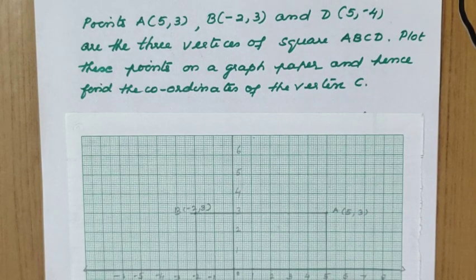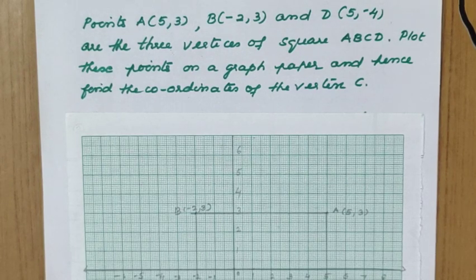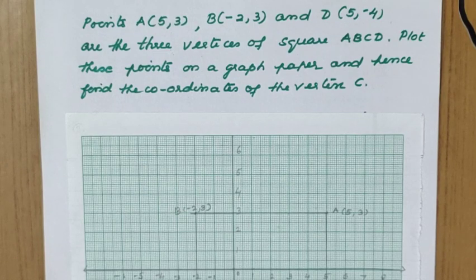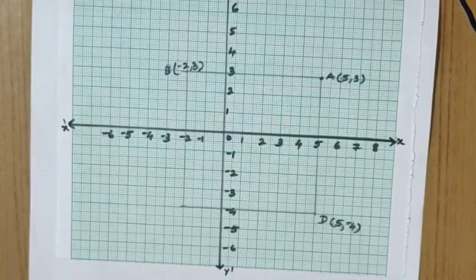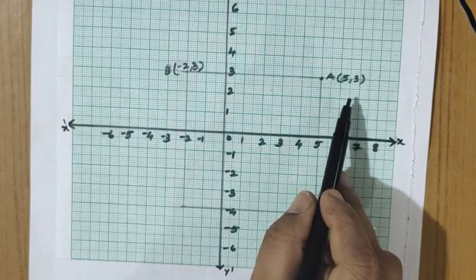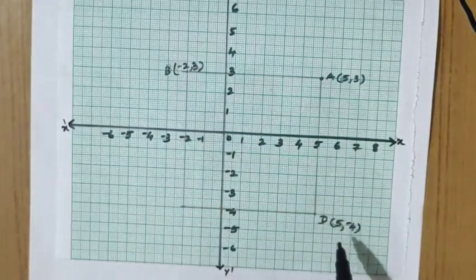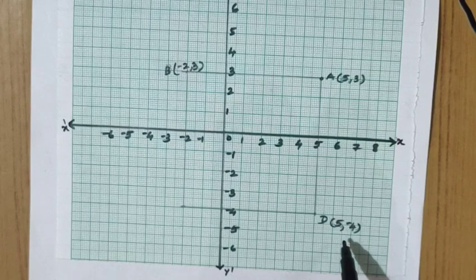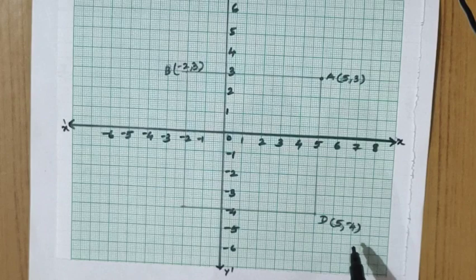We have to find the fourth vertex, that is vertex C, from the graph. A, B, D I have already marked here. A is 5, 3, B is -2, 3 and D is 5, -4. It is asked what is the coordinate of vertex C.